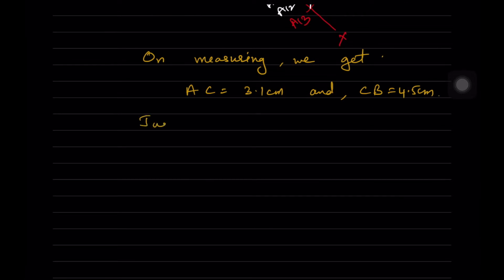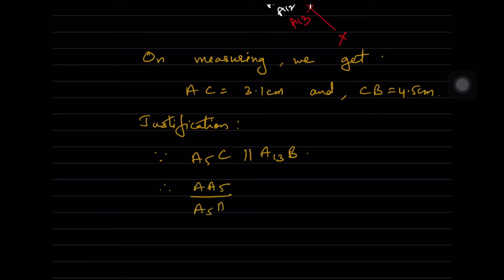Now let's see what the justification is. We use the basic proportionality theorem. Since A5C is parallel to A13B, therefore A5 by A5A13 is equal to AC by CB.